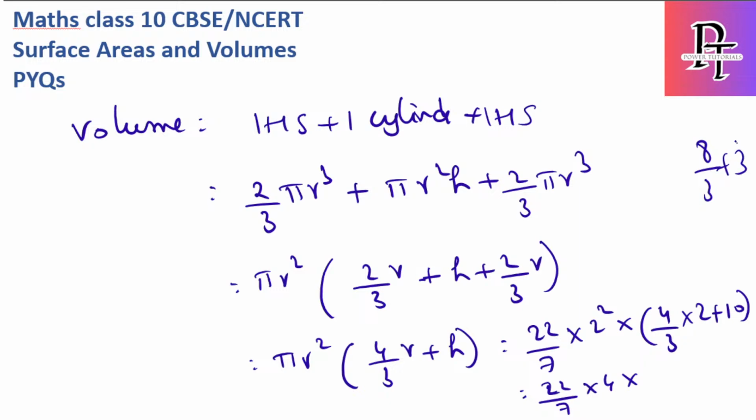I can write it as 3 plus, so 30 plus 8 is 38. 38 by 3. Okay, so there is no calculation, we have to write it, 88 into 38, 88 into 38 by 21.